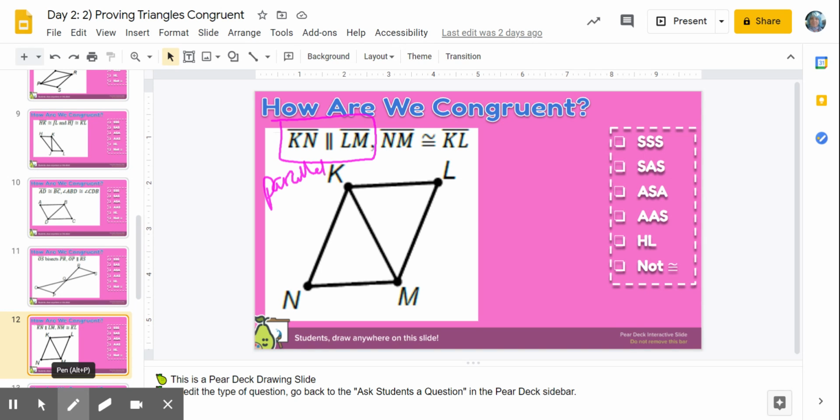How do I mark parallel? With arrows or tick marks? Arrows, thank you. And that implies alternate interior angles. So which angles are congruent because of those parallel lines?